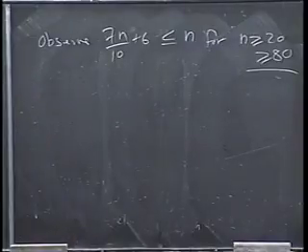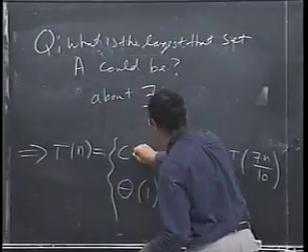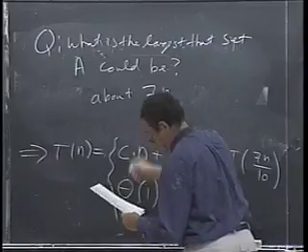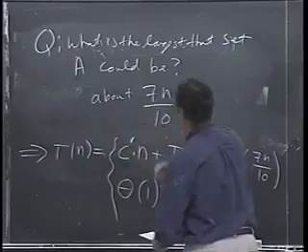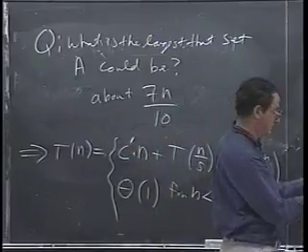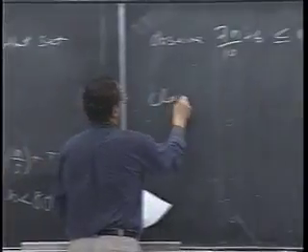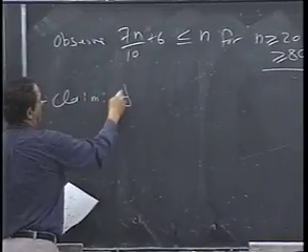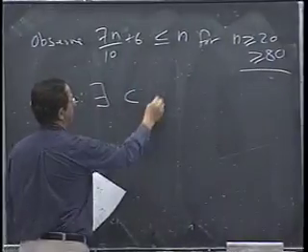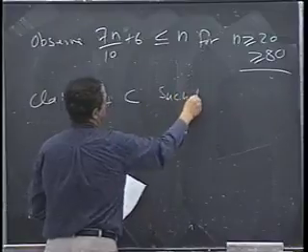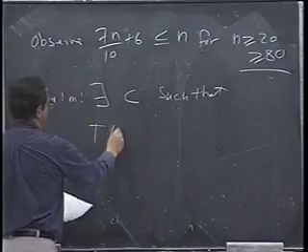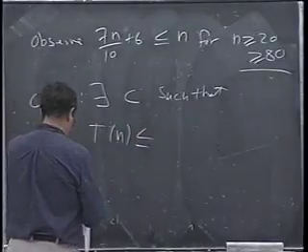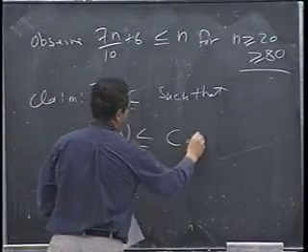Okay, actually, let me put a little prime here, just so I'm consistent with my notes. So here's the claim. There exists some constant c such that T of n is less than or equal to c times n.